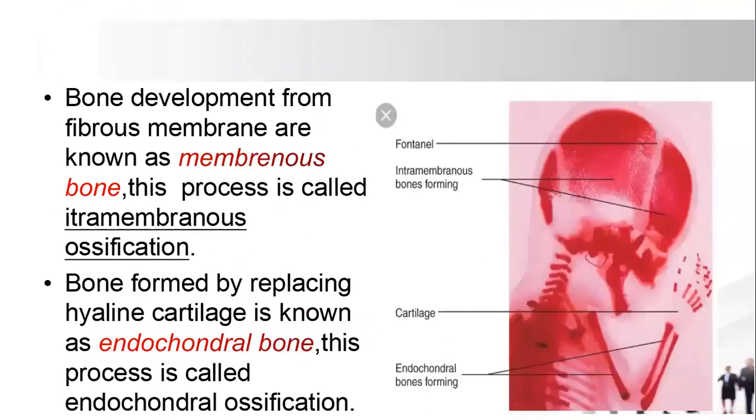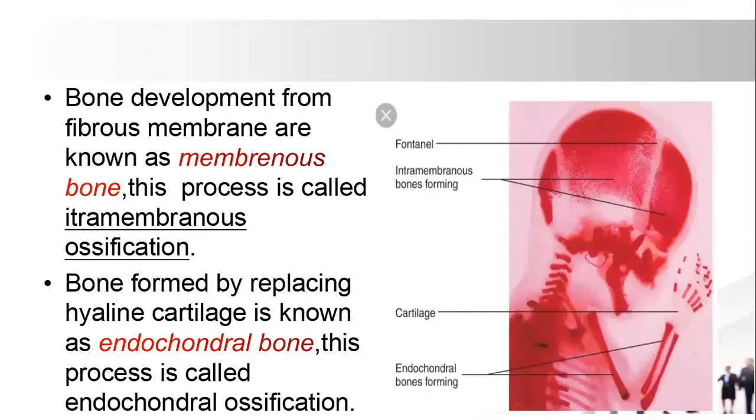Those bones that develop from fibrous membrane are known as membranous bones, and the process is called intramembranous ossification. Most of these bones are the flat bones of the skull, which develop from fibrous membrane.